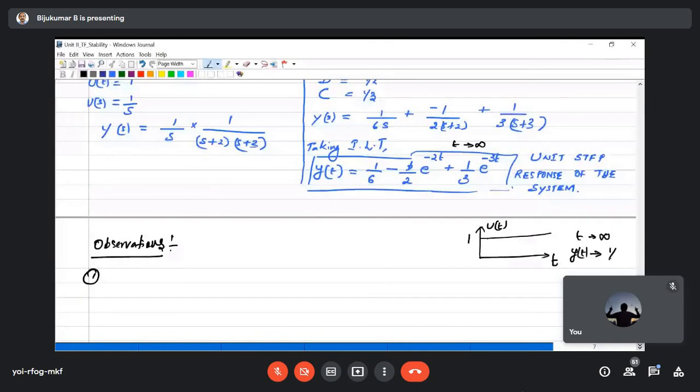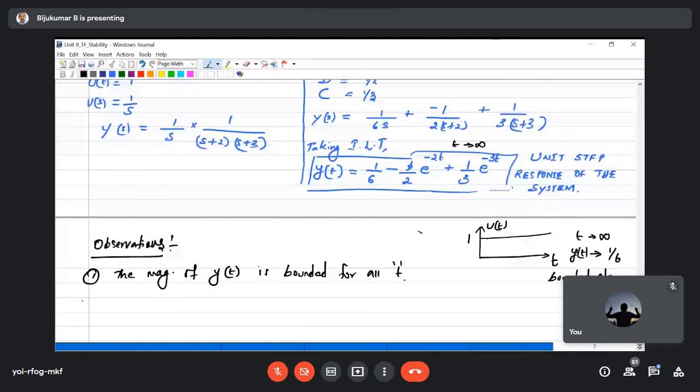That means it is a bounded output, right, it is a finite real number only. So one of the important observations is the magnitude of y(t) is bounded for all t. Correct, right?